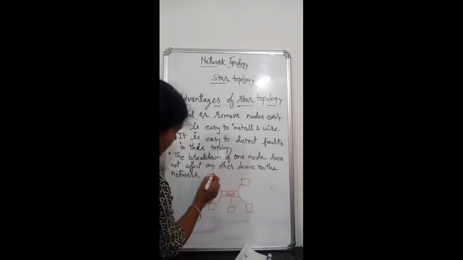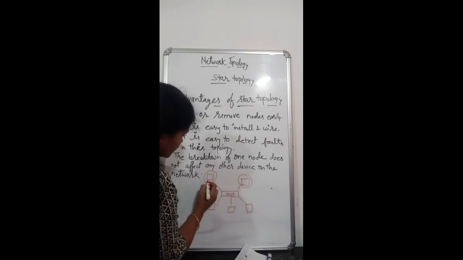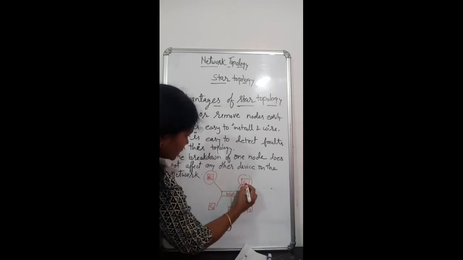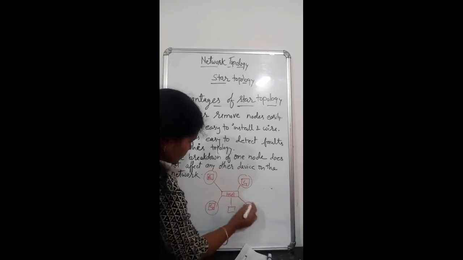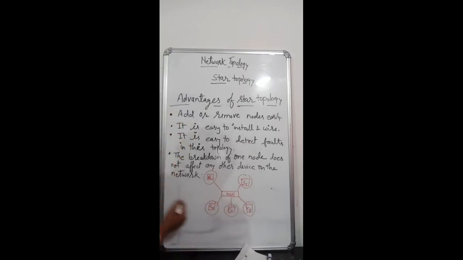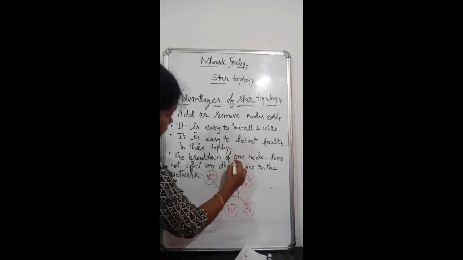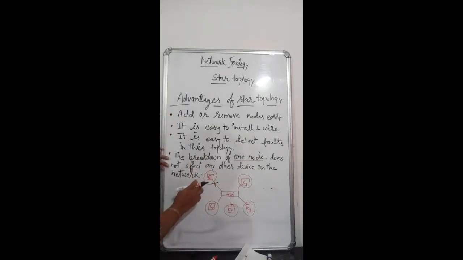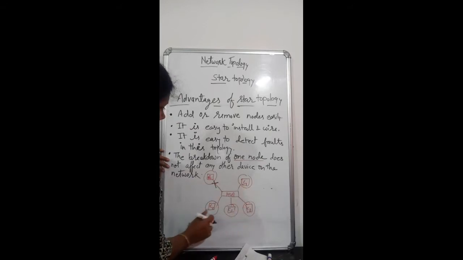In the network we will see computer 1, computer 2, computer 3, computer 4 and computer 5. Suppose any one node breaks down. This will not affect the other devices.